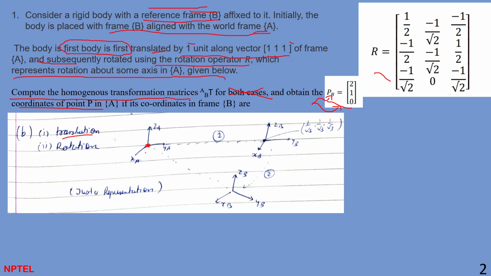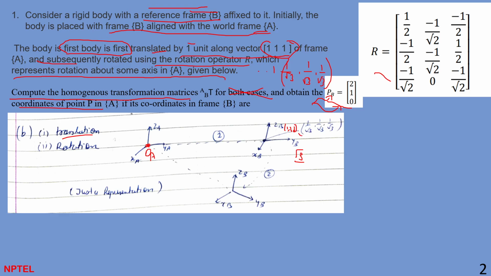Let's say you are at the origin of A initially, and when you translate along this vector, you can't just translate one, one, one, because the magnitude should be 1. If you have this, the magnitude is root 3. So you need to normalize this vector. The normalization is 1 by root 3, which is the normalized vector direction. You multiply it with 1 so that you get the new vector, which is this point.